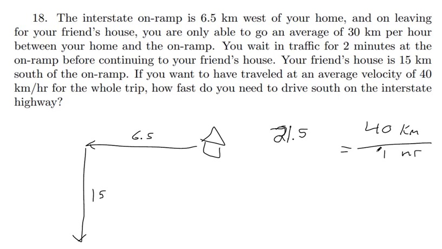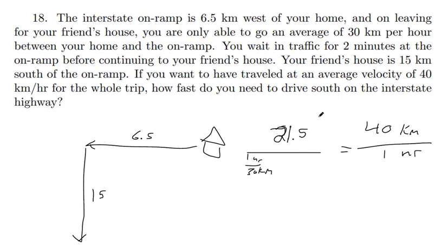and then it says you're only able to go an average of 30 kilometers per hour between your home and the on-ramp. So in this distance, the total time that we spend driving is, we got 30 kilometers per hour, or in other words, 1 hour for 30 kilometers. And I'm doing it this way because I know I'm going to have to cancel out my kilometers unit.